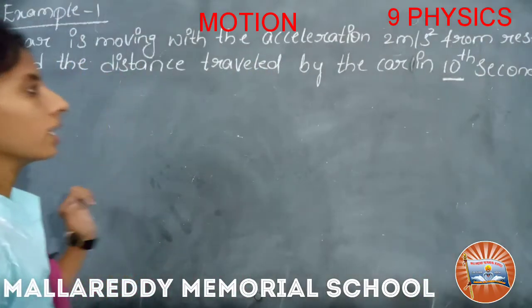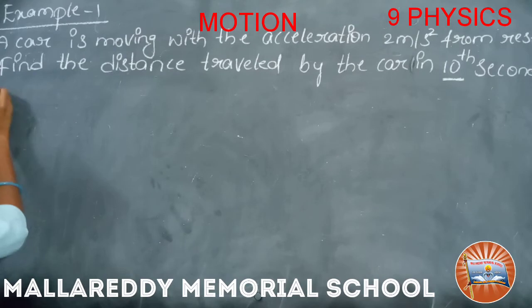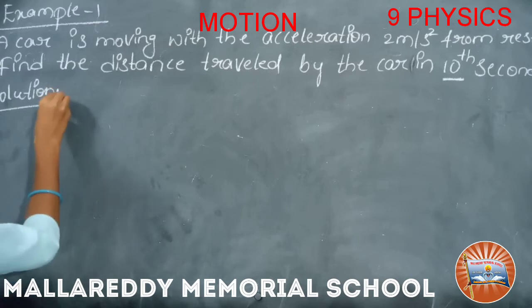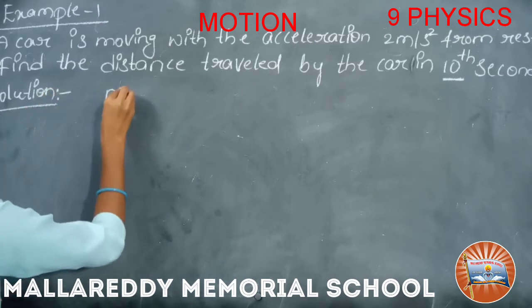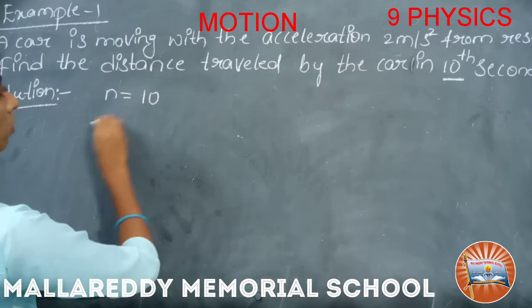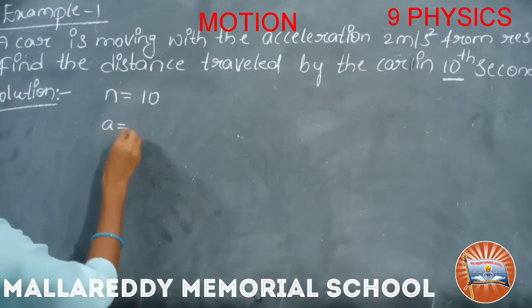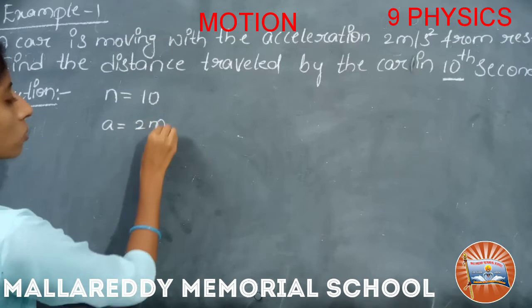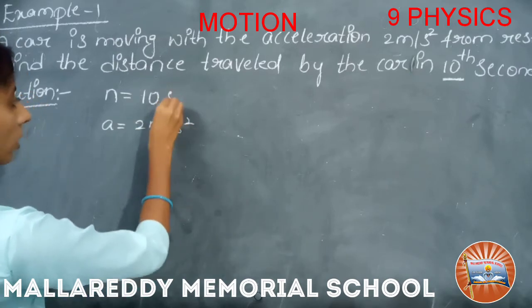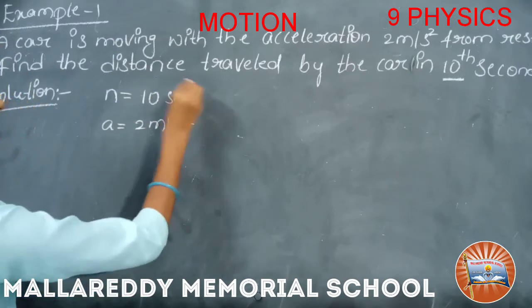Okay. So here, solution. So they are asking to find, n is equals to 10 and acceleration is given 2 meter per second square, right?